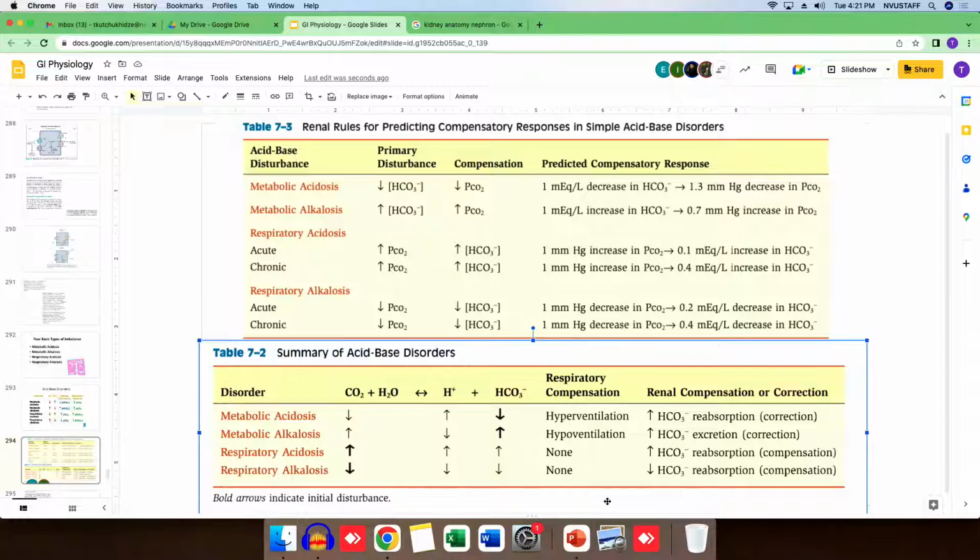So the idea beneath this, when you read, you should understand that whether we are having respiratory or metabolic alkalosis, they are always compensated by the vice versa.